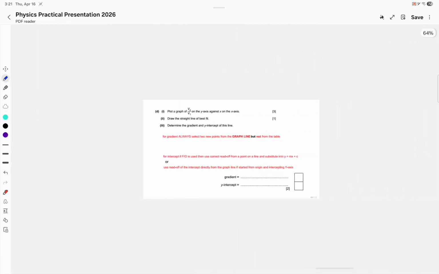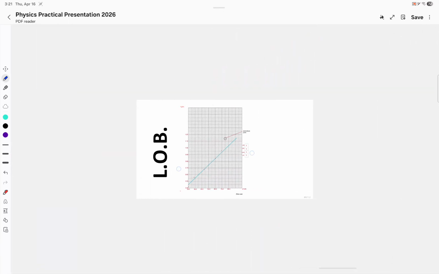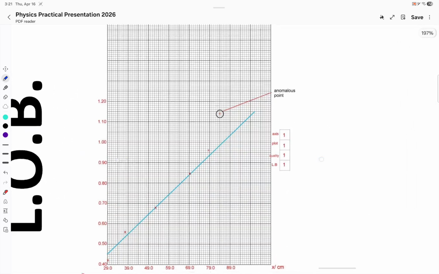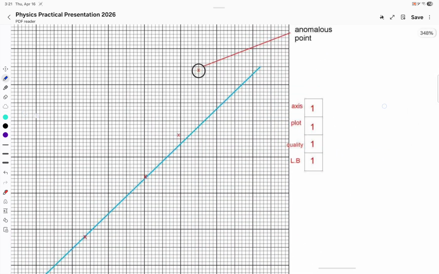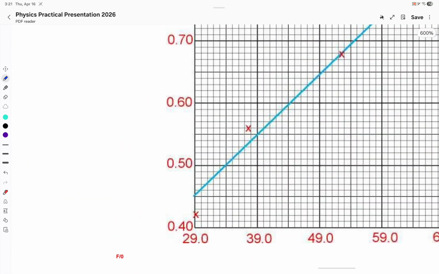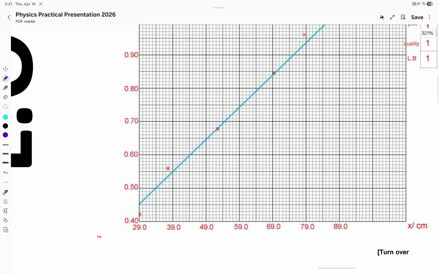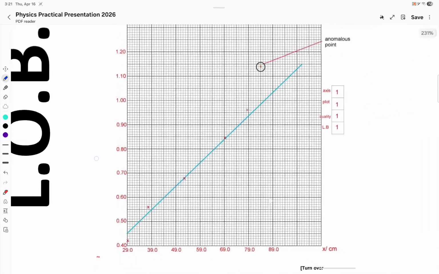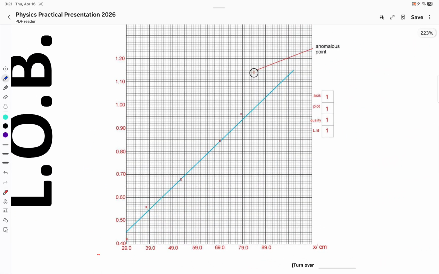Okay, now there is an example. I have made a graph with axis, plot, quality and a line of best fit. All the points are mentioned here. It's starting from false origin 29, 39, 49, and 0.4, 0.5, 0.6, something like that. You can see one plot, 2, 3, 4, 5 and 6.